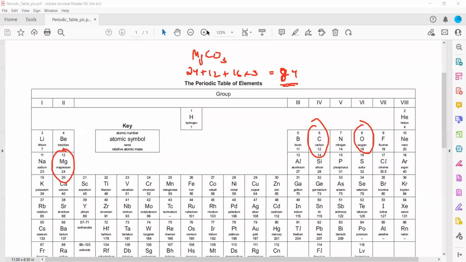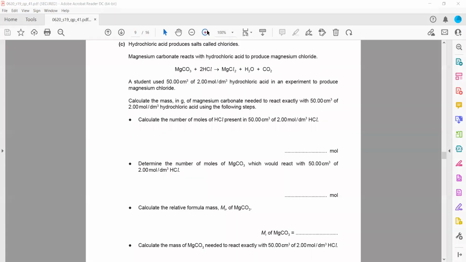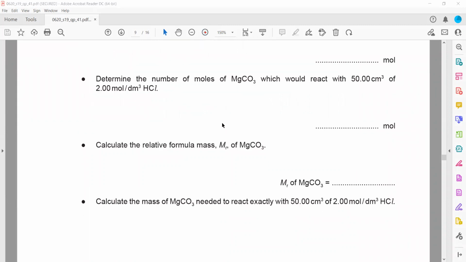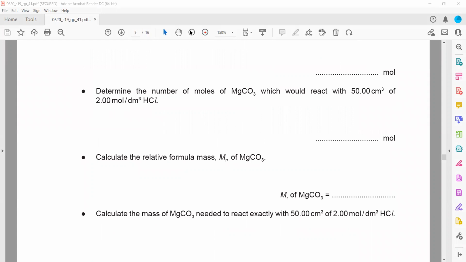So the first part we solved by using the formula, the second part by ratio, and the third by using a periodic table. Our answers were 0.1, 0.05, and 84. Now we need the mass in gram. So how to get the mass in gram? We have the formula moles equal mass in gram divided by molar mass.